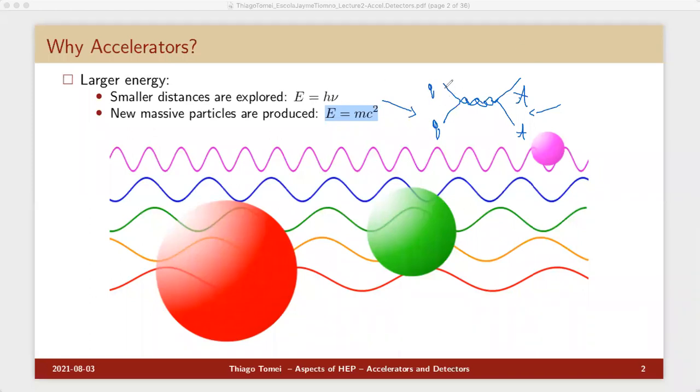It comes from the energy of the original particles. So high energy collisions open up, through special relativity in quantum field theory, the possibility of creating new massive particles that usually don't exist in natural conditions. So if we want to study all these particles, we need these high energy collisions.